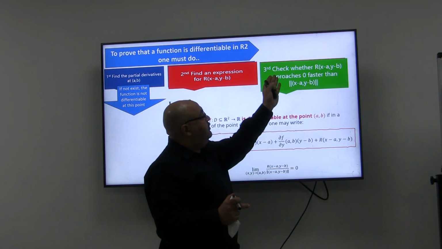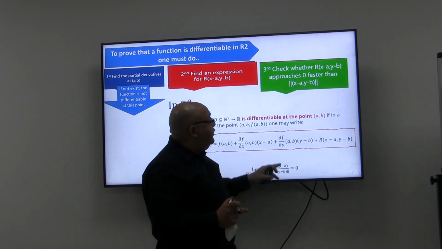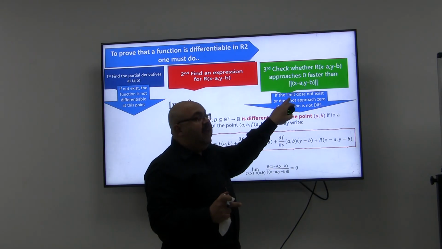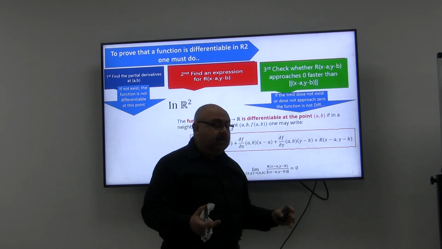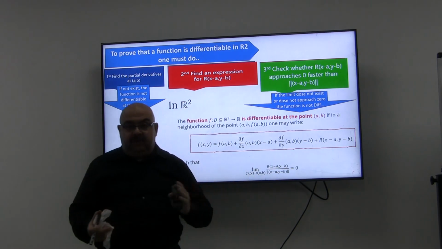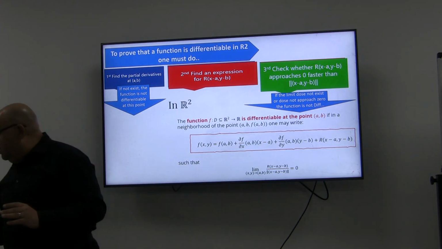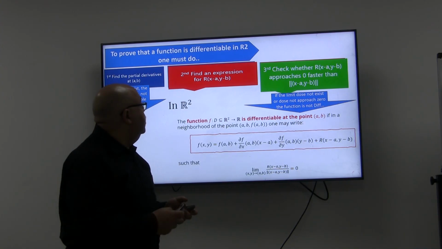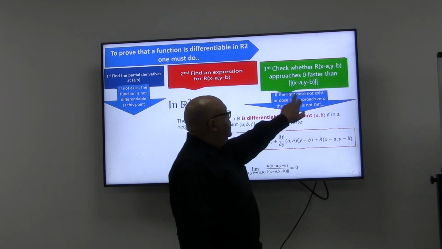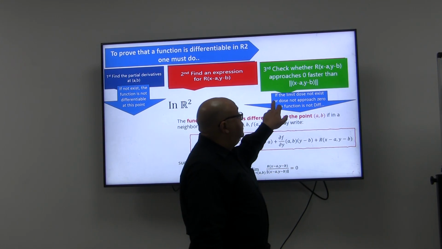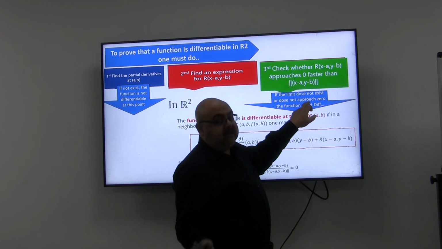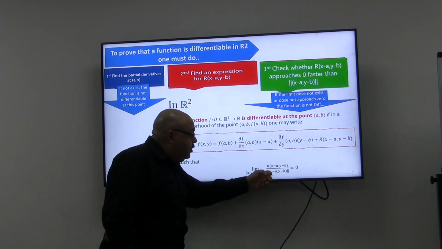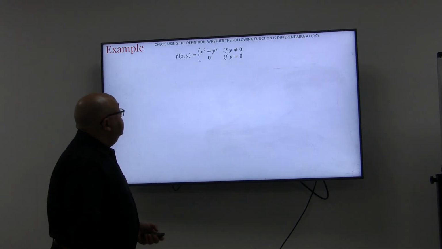Finally, check if the limit is equal to 0. If the limit doesn't go to 0 or has a value different from 0, then your function is not differentiable at this point. And of course, if the limit doesn't exist, then the function is also not differentiable. I'm talking about the evaluation of this limit.